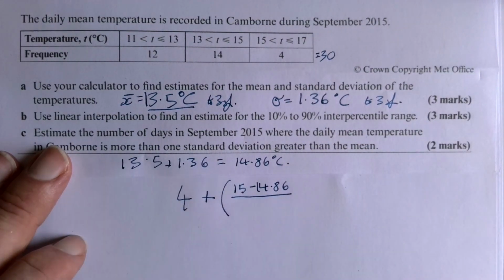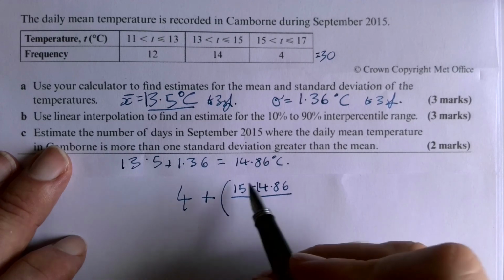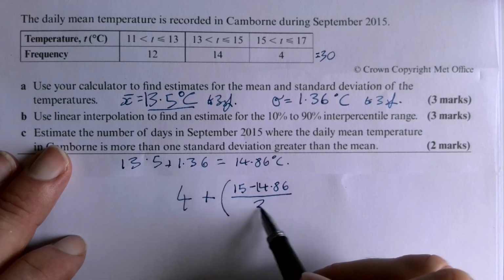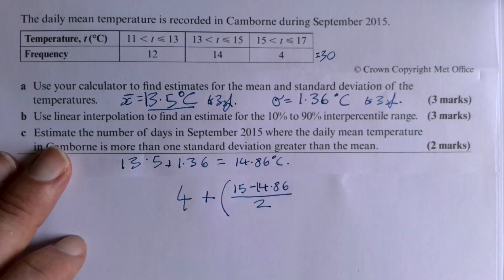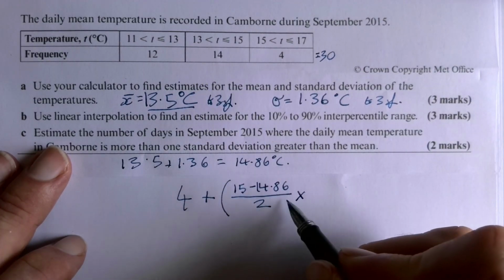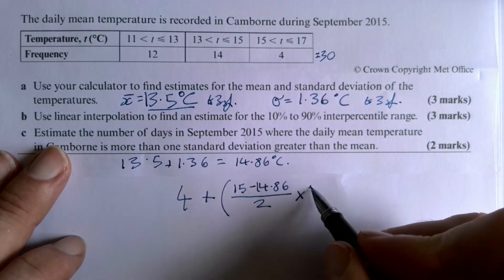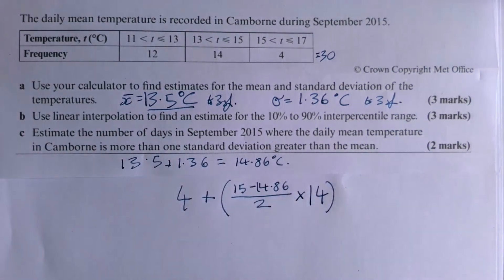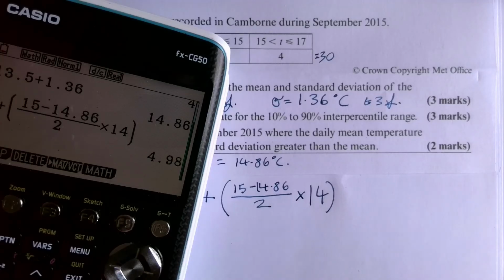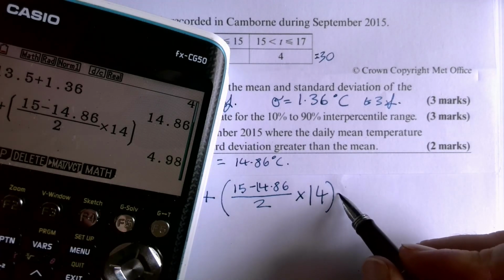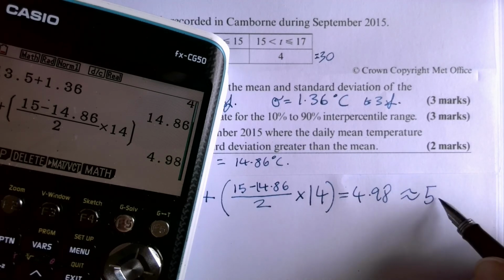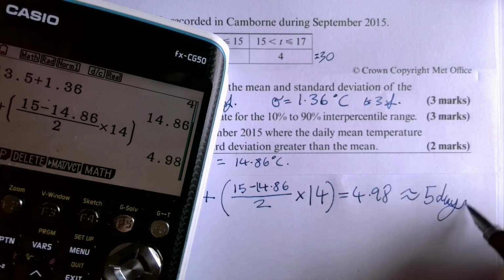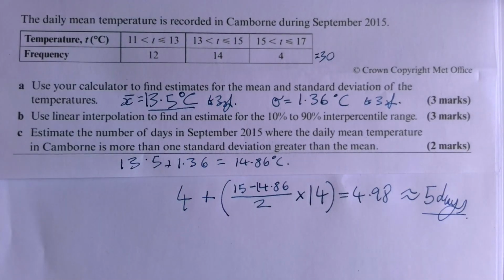It's going to be way less than 1, and it's that fraction of the 2 degrees that we've got in there. And we're going to be multiplying that fraction by the number of days we've got. And if you pop that all into your calculator and press equals, you get 4.98. So that means we're going to estimate that to be 5 days. And that's that.